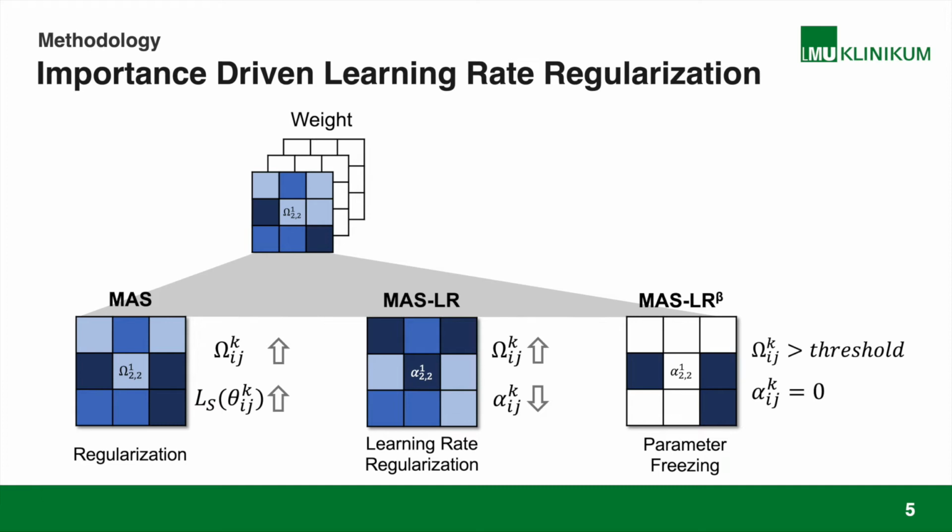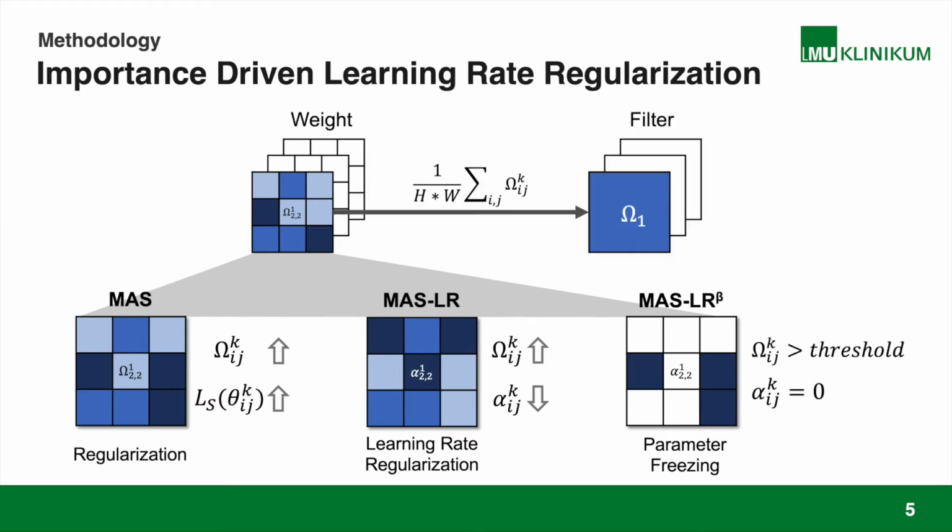The idea is to freeze important parameters during the training of a new task and only fine-tune unimportant parameters. This approach can be interpreted as a hard regularization. Each domain is assigned a hyperparameter beta, which defines a threshold of how much of the network can be frozen in each step.